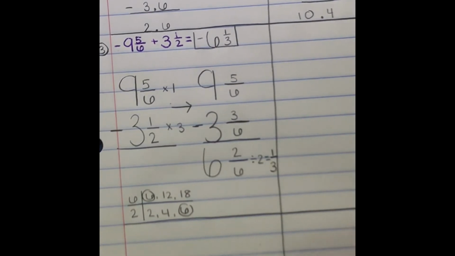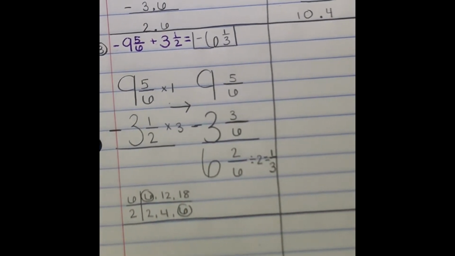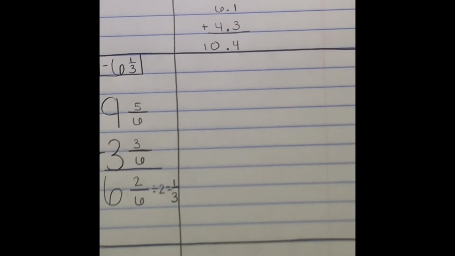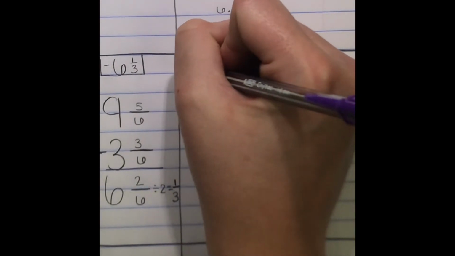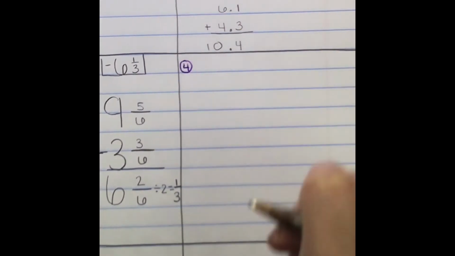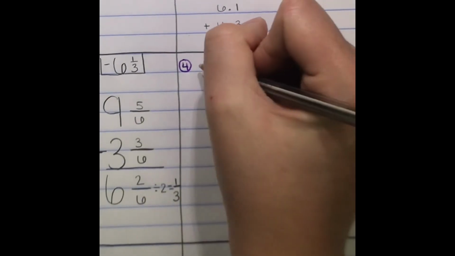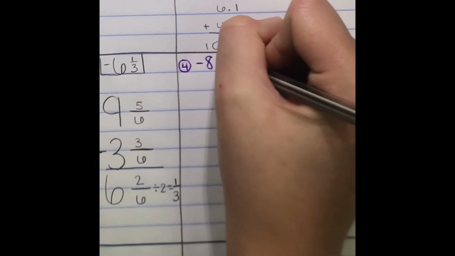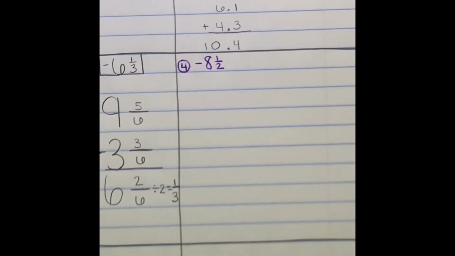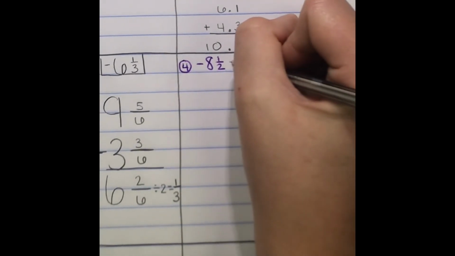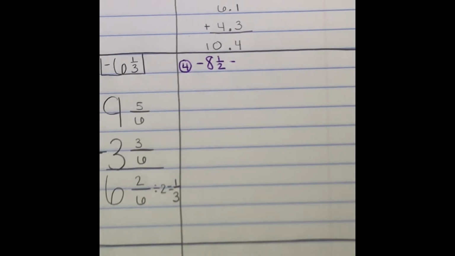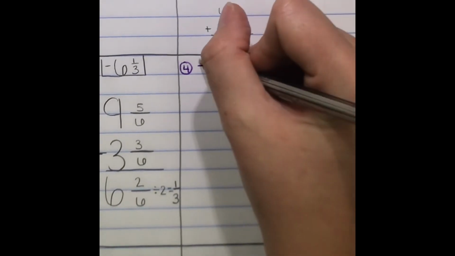Okay, I'm going to have you do this next problem on your own. So after you write it down, you're going to pause the video and try to do the problem yourself. And then after you finish it, you can play the video so that you can see if you got it right. And if you got it wrong, I want you to find your mistake. Actually, I'm going to change that.